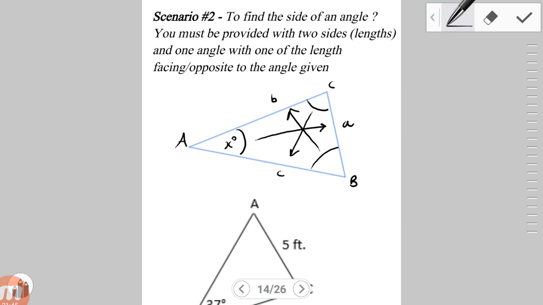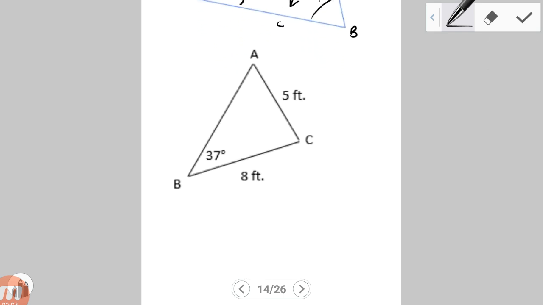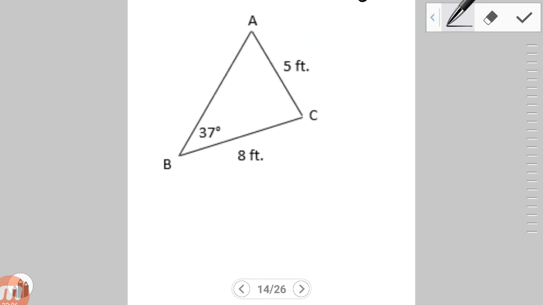It depends, but we know that to find the angle, you must be provided with the side in front of the angle, and another supporting side and its angle. Hopefully that is clear. Let's have a look at this example to see if the sine rule can be applied.